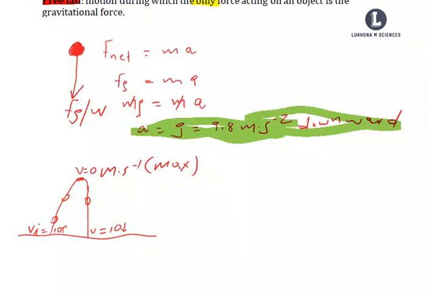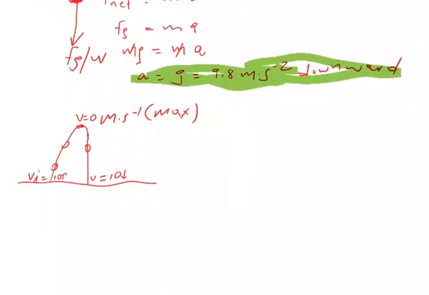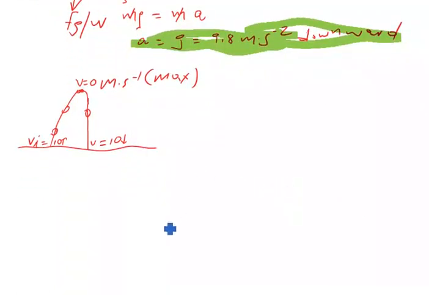Okay, let me draw it bigger so that I can write everything. I said the velocity here is 10 upwards.